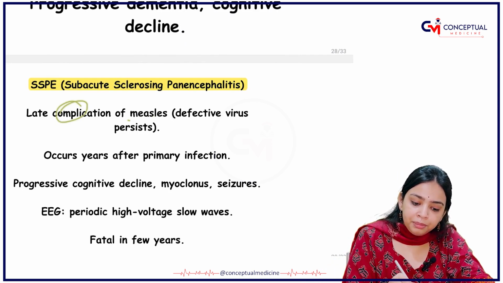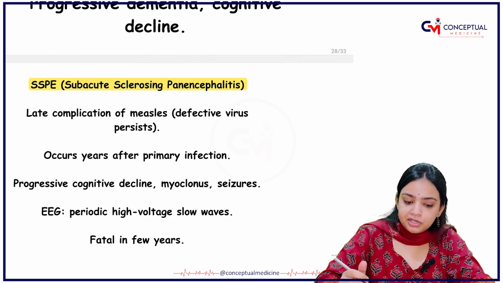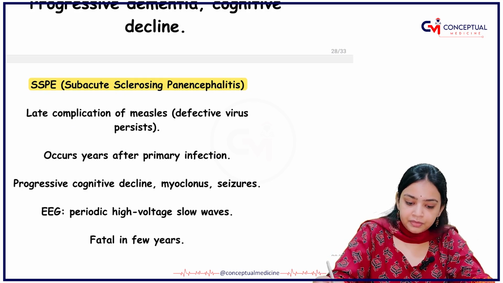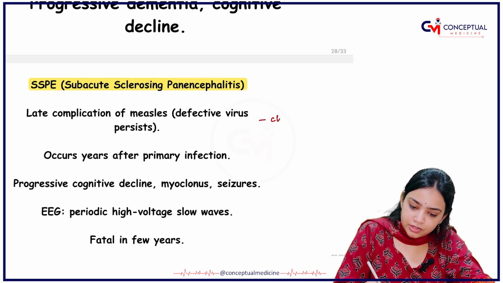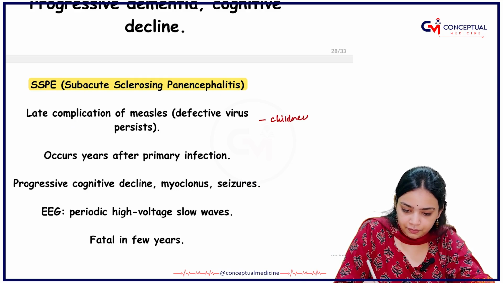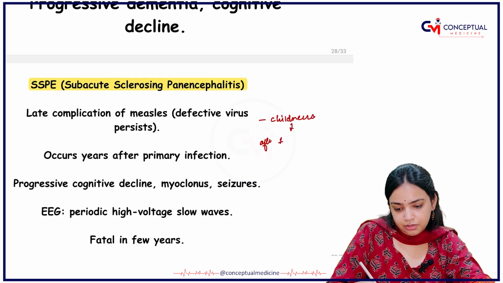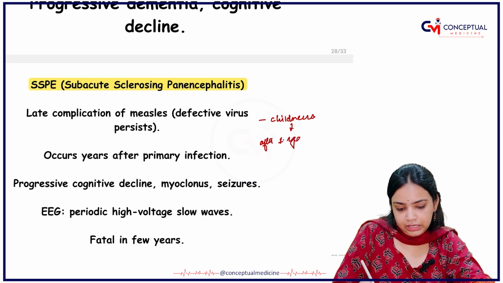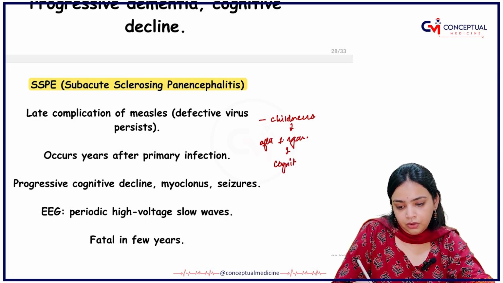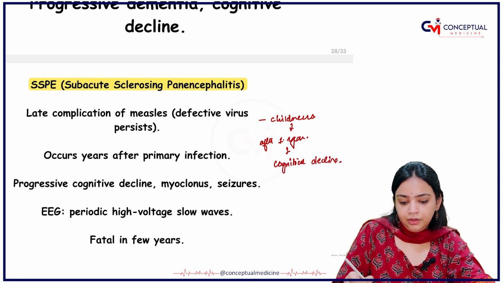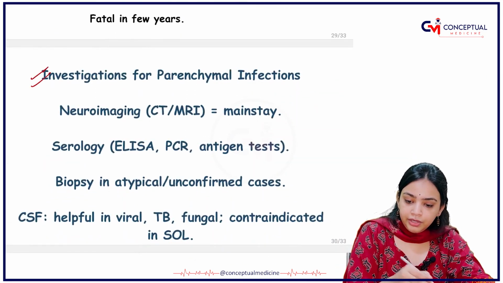It is a late complication of measles, right? Measles is a virus that basically affects children. This occurs after 1 year. There is cognitive decline.